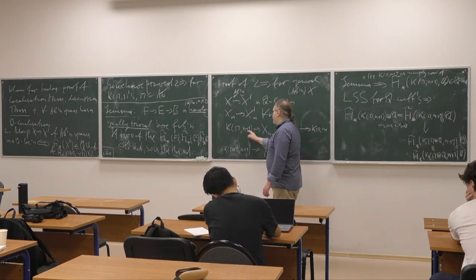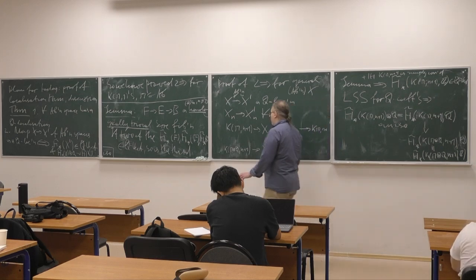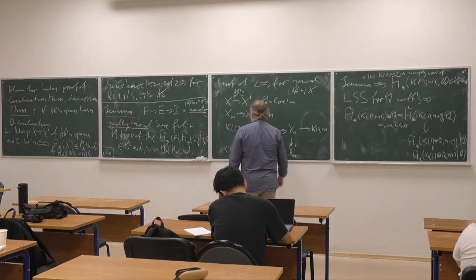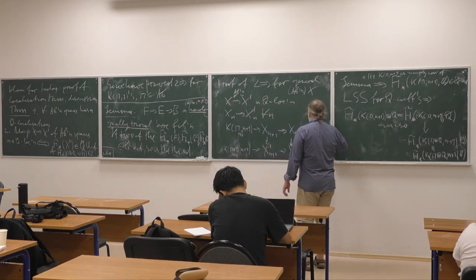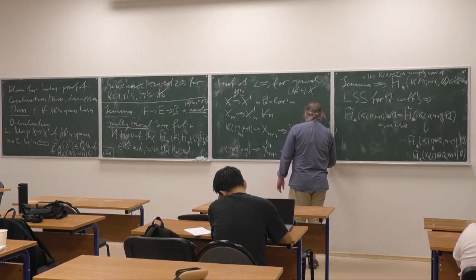So the fiber is, okay, sorry, no. This time I need the indices: K(π_{n+1}, n+1), K(π_{n+1}⊗Q, n+1), and n+2.